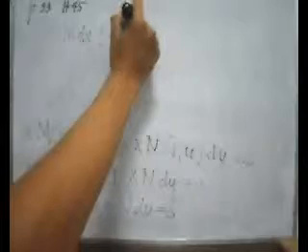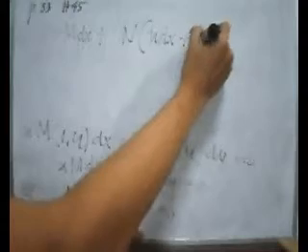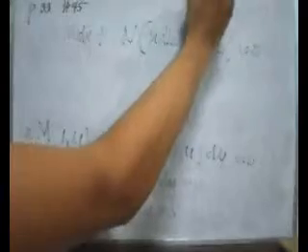Now M dx plus N times your dy, which is u dx plus x du, is equal to 0. This is the value, this is the dy.